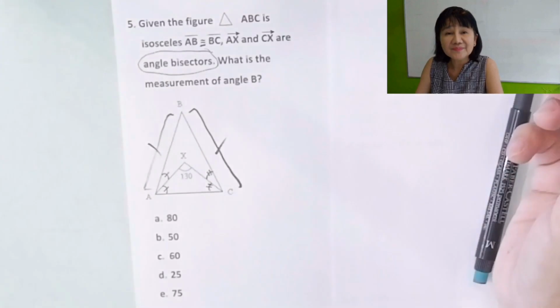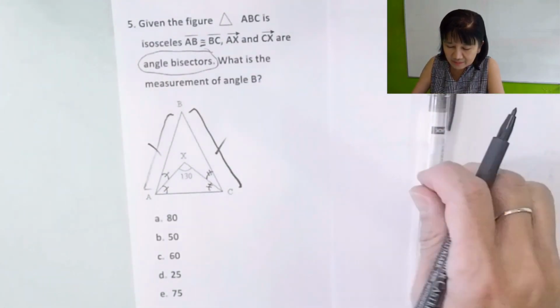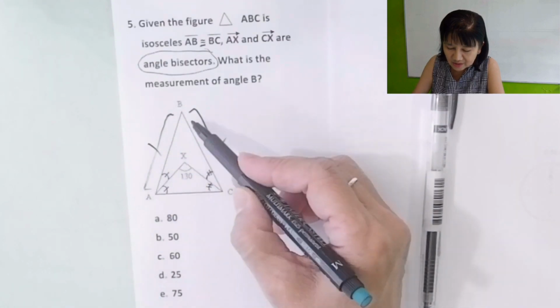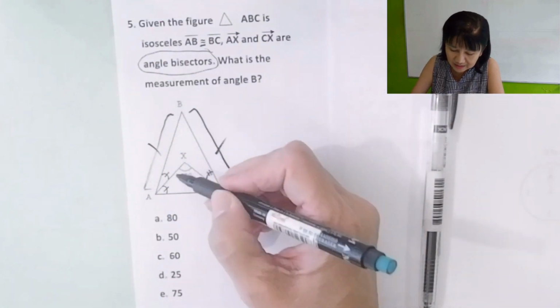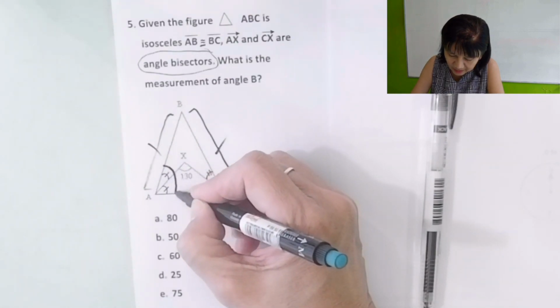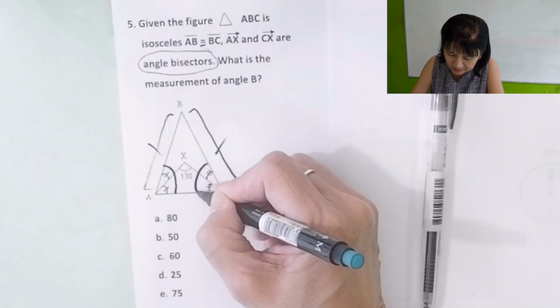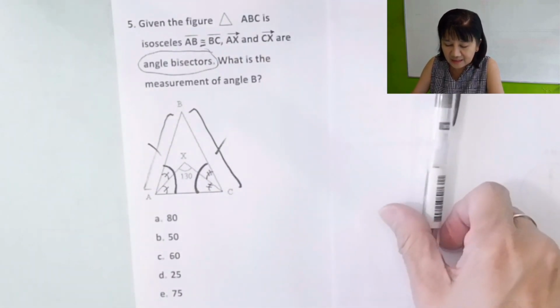There. And by the isosceles triangle theorem, since line segment AB is congruent to line segment BC, the whole of angle A or angle BAC will be congruent to angle BCA.